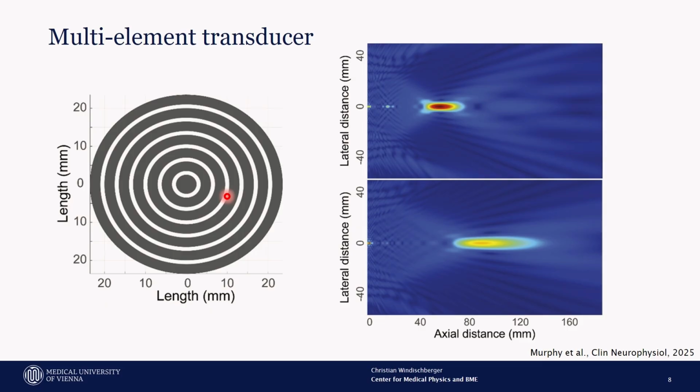Keep in mind, all kinds of brain stimulation techniques really benefit from sham control, so you can exclude any effects that are simply caused by the fact that a stimulator is present and is doing something. If you use multi-element transducers, you can have more or less the perfect sham control. You're just changing some of the stimulation parameters.